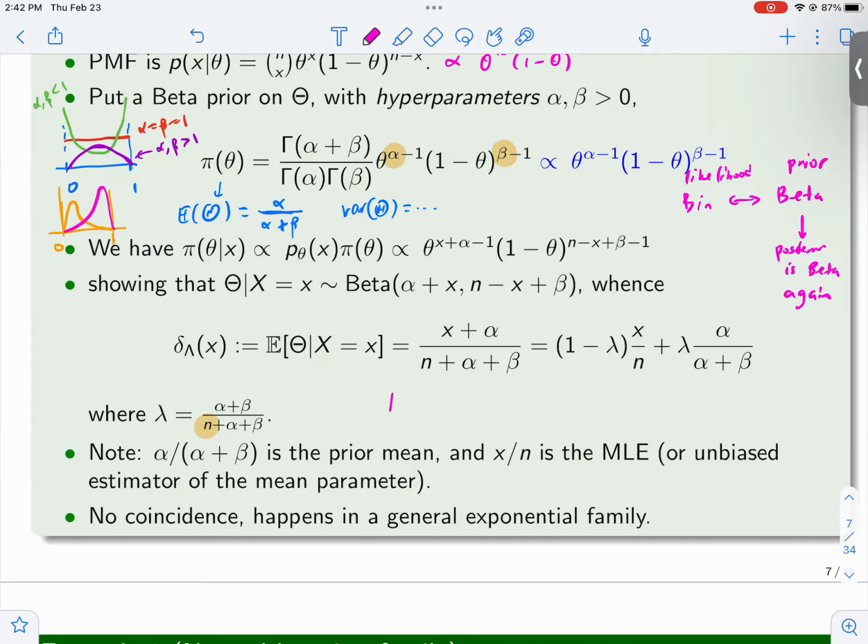So the expectation of delta lambda of x would be 1 minus lambda times the expectation of this part, the maximum likelihood estimate. Let me write it as theta hat MLE. So, the expectation of theta hat MLE. So unbiased, I should be a little bit careful.